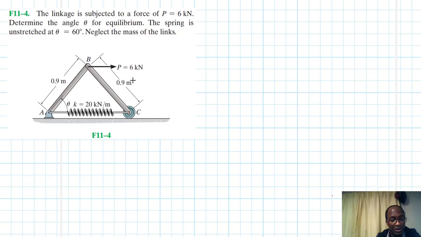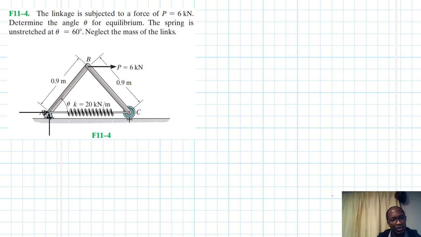The first step is always drawing the free body diagram. After drawing the free body diagram, we need to draw another free body diagram for the deflected or displaced configuration of the same system. Okay. So at the hinge A, we expect to have a reaction force like so, and then we'll have another reaction force like so.